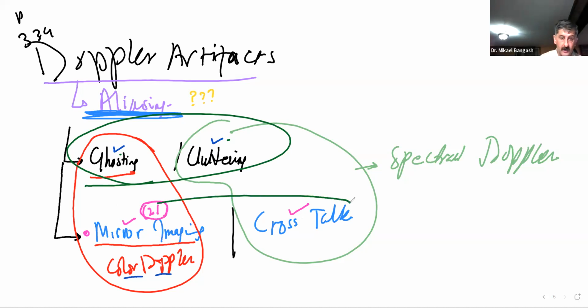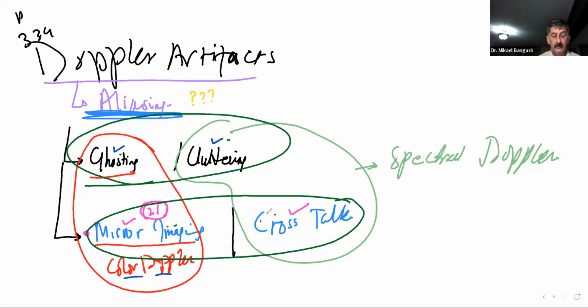Whereas crosstalk and mirror imaging are the same artifacts, but go under different names, all depending upon whether we use color Doppler or spectral Doppler. Did you ladies get that?